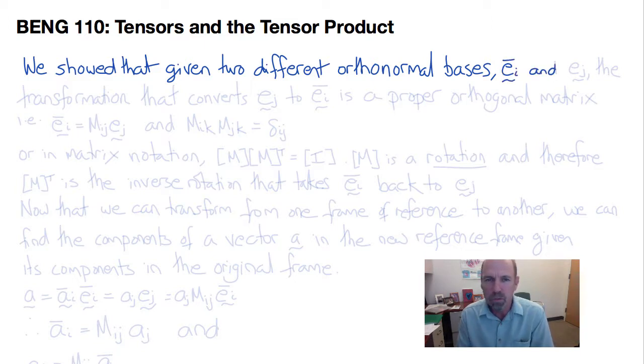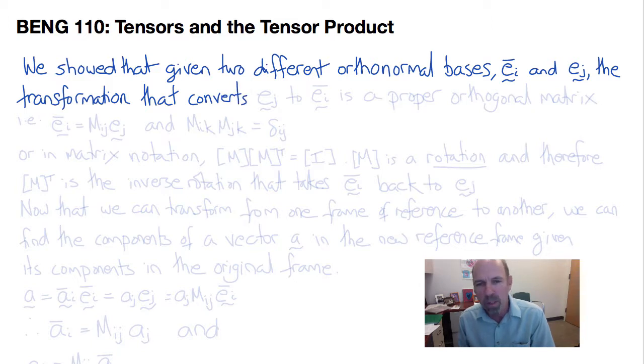Specifically, if we had two observers using two different right-handed rectangular Cartesian frames of reference, then they would have two different orthonormal bases, which we label Ēi and Ej. And therefore, if we find the transformation that converts Ej to Ēi, we should be able to convert the components of the vector as seen by the observer using one frame to the observer using the other frame.